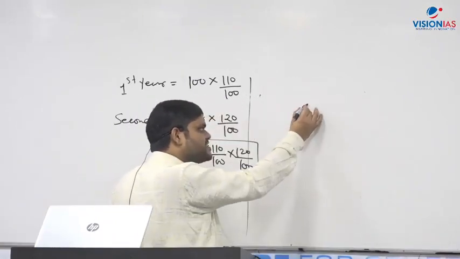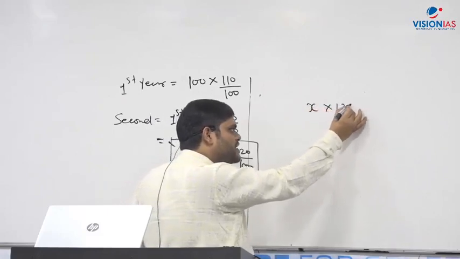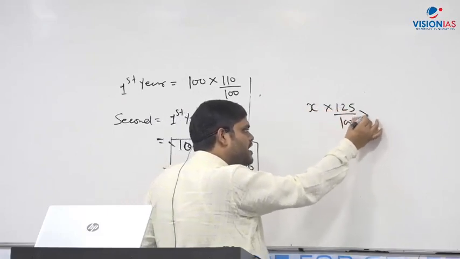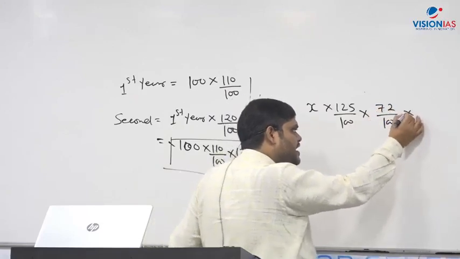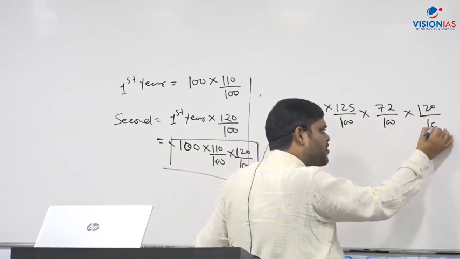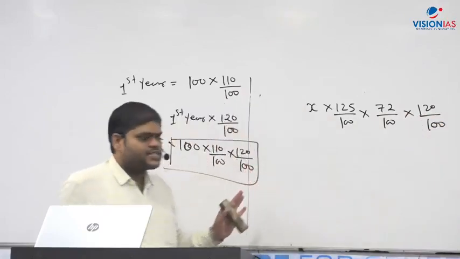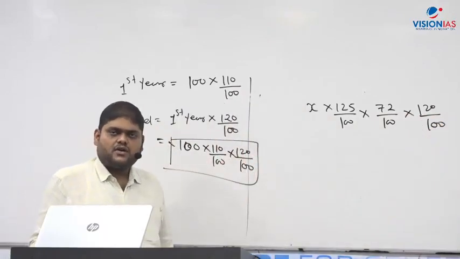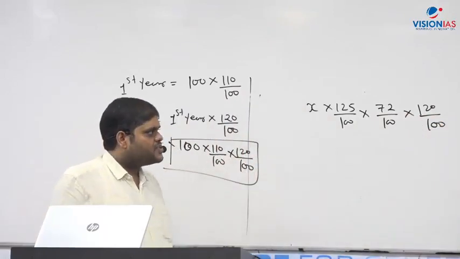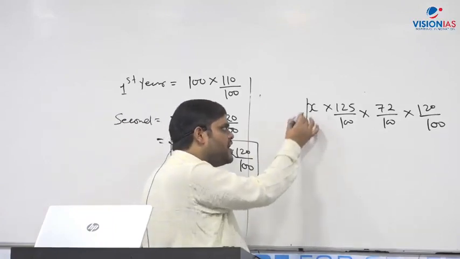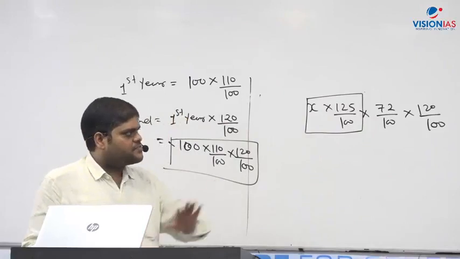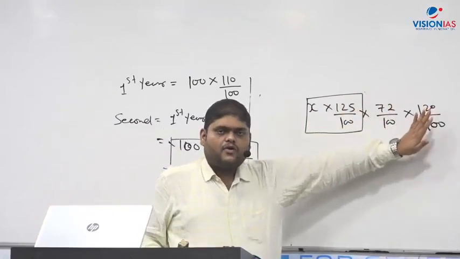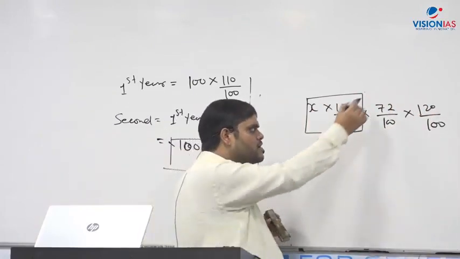Suppose it is written x into 125 upon 100 into 72 upon 100 into 120 upon 100. If I ask you what is the meaning of this? So be very careful here. The first terminology, what is the meaning of this? Forget about these two things.